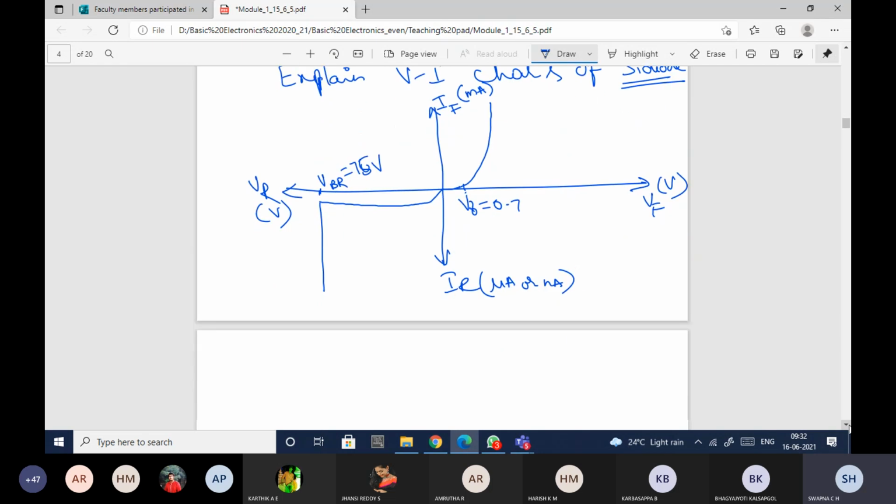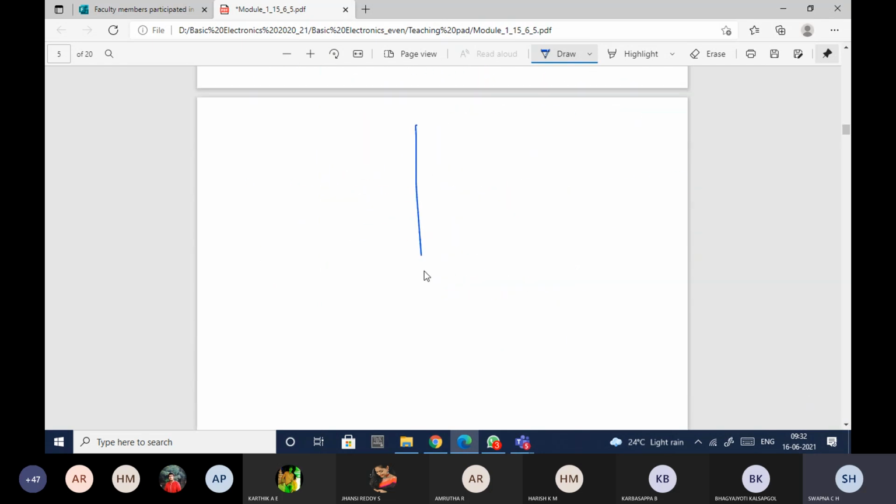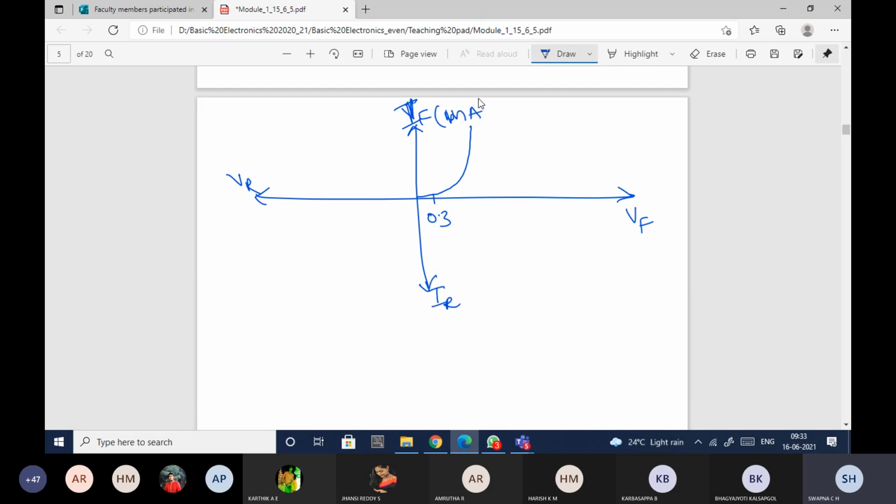In the same way, you can draw for germanium as well. Until 0.3, 0.3 will be the voltage drop across here. Sorry, this is IF, this is VF, this is VR, and this is IR. Here also it's the same. This will be in milliamperes and this in microamperes or nanoamperes. This is how the real reverse saturation current will be.